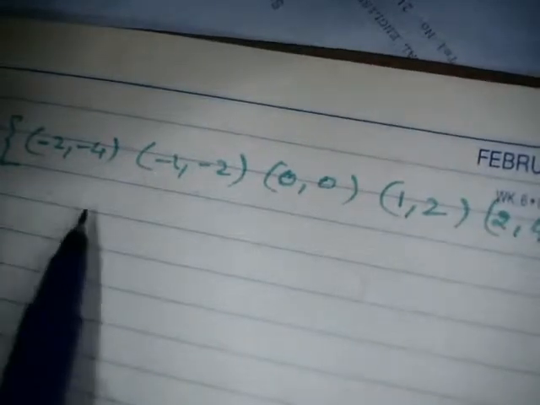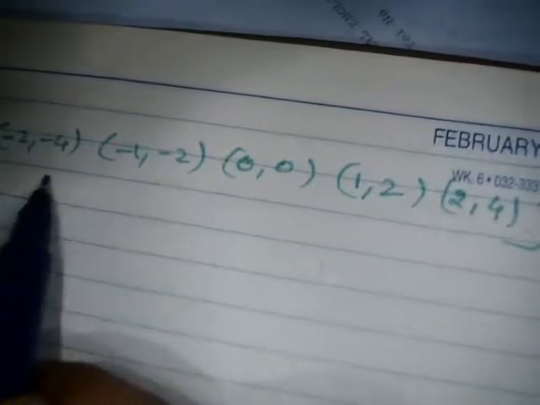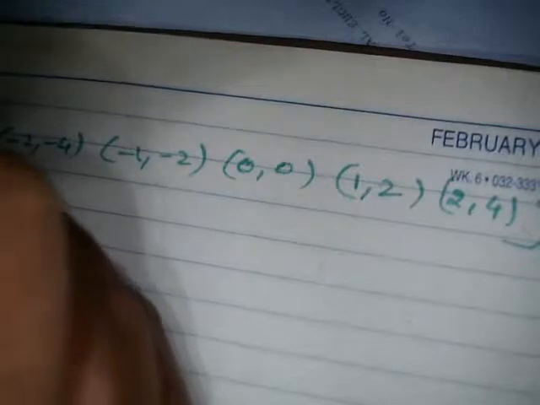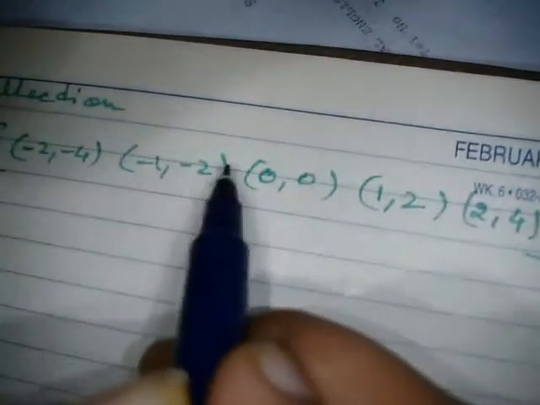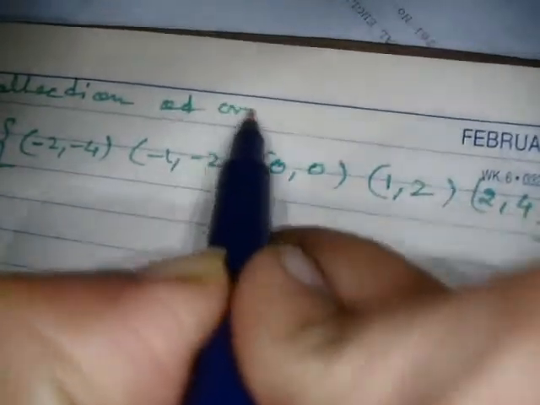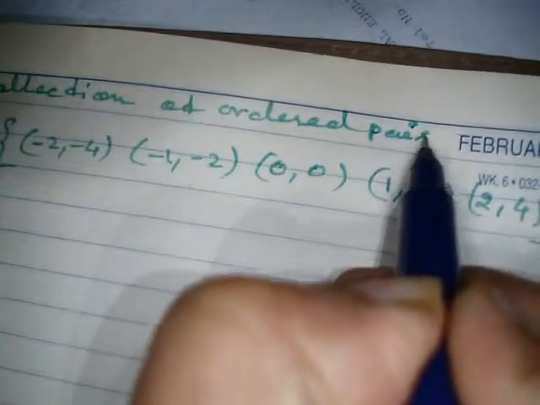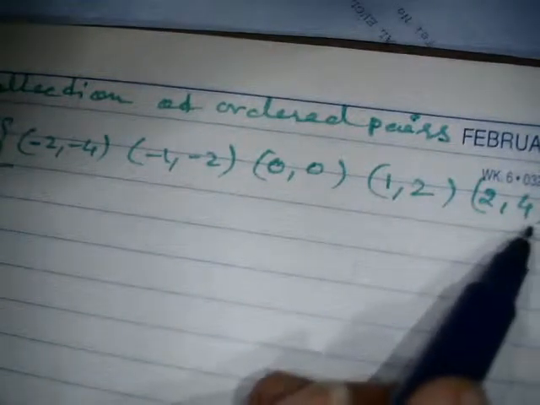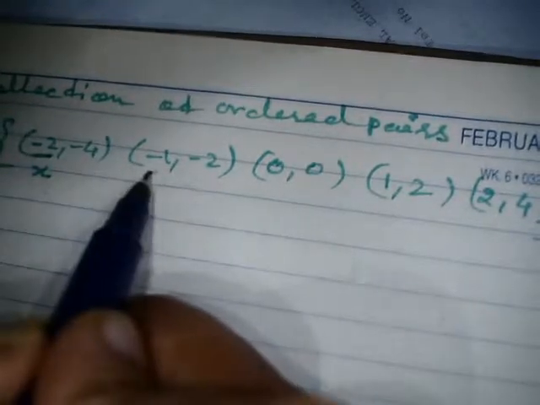So the collection of ordered pairs, in this the first value represents the values on the x-axis. This is x, as in the coordinate system you have studied. The second value represents y, the value on the y-axis.